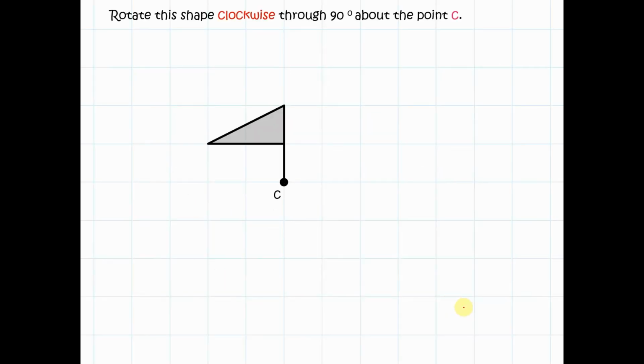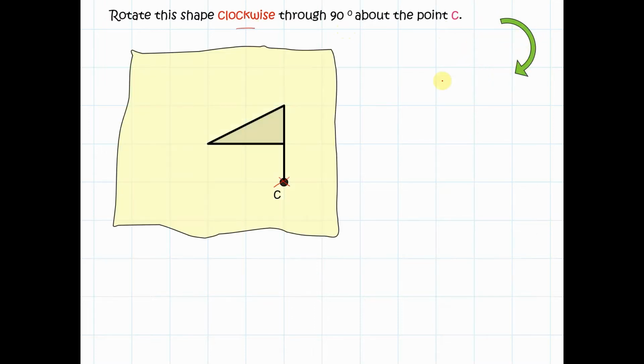So let's take this example. Rotate the shape clockwise through 90 degrees about the point C. Point C is here. This is the center of rotation, and we are told to rotate it clockwise, so in this direction. Now, this is the translucent paper, in my case the baking sheet, and we need to draw along that shape that we have.